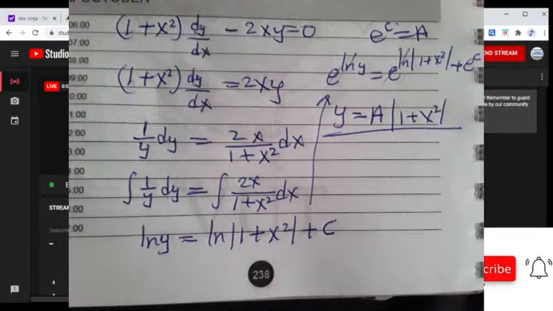So today we are learning about differentiation equations.